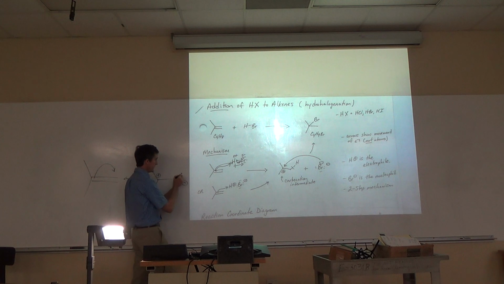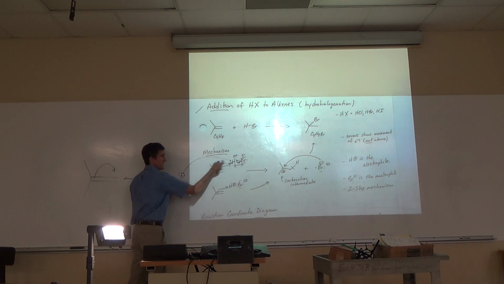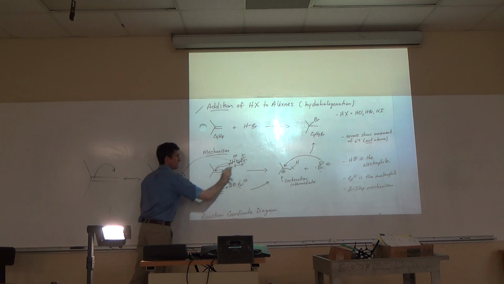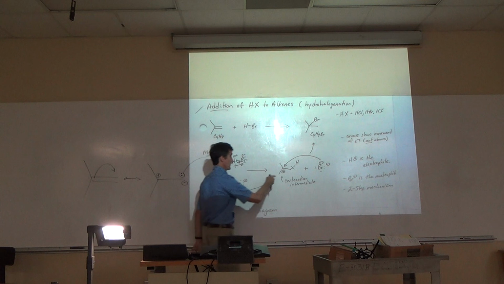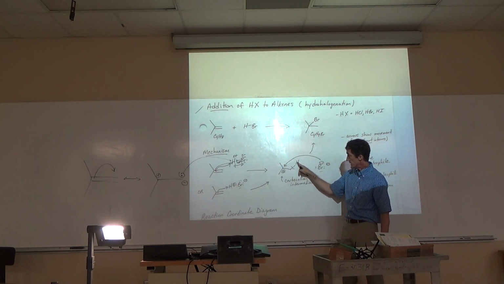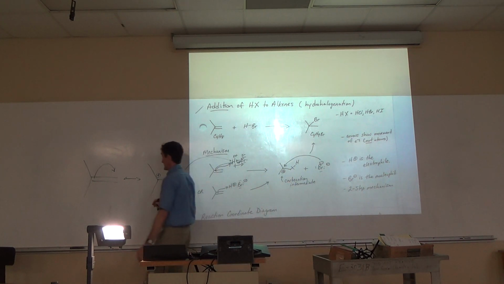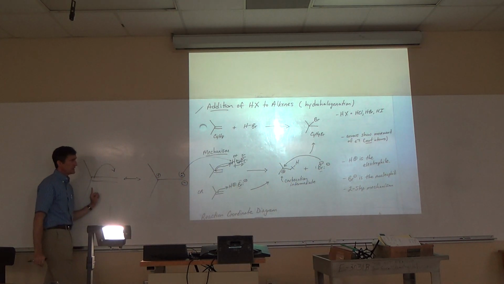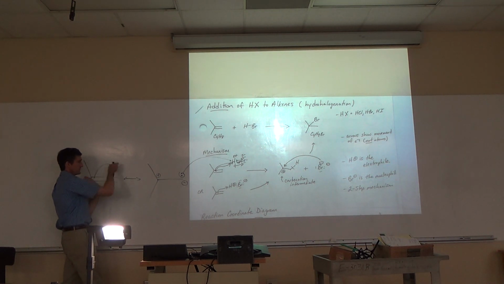Now, if you took these electrons and acted as if this is the base and bonded to the H and kicked off the bromine, what would that give? That would give this here, but now this is bonded to the H. But how I did it originally, instead of just moving onto carbon like that, is showing it the way most books do.